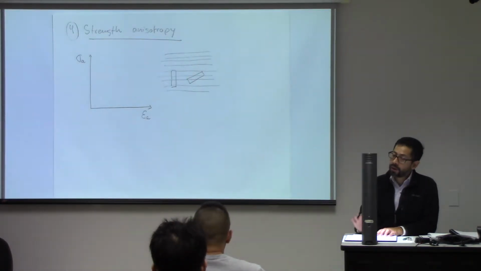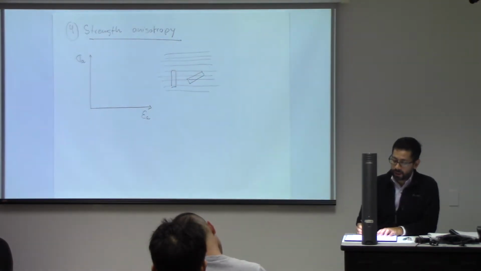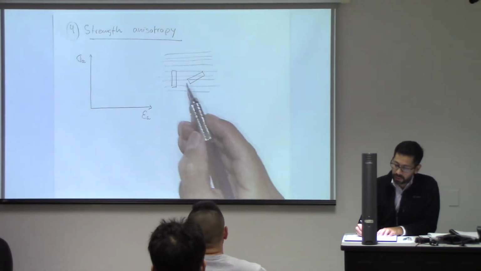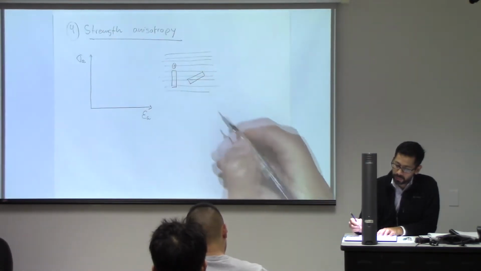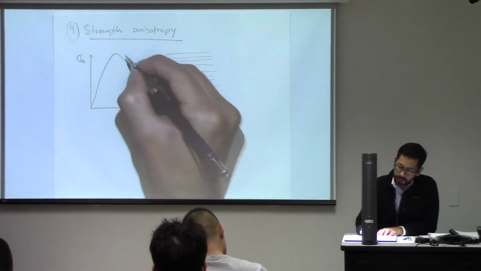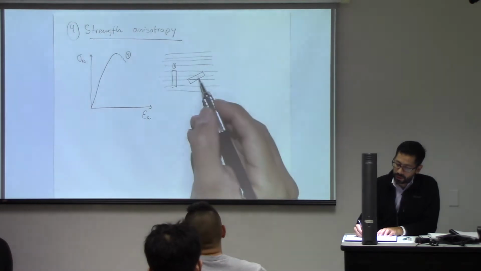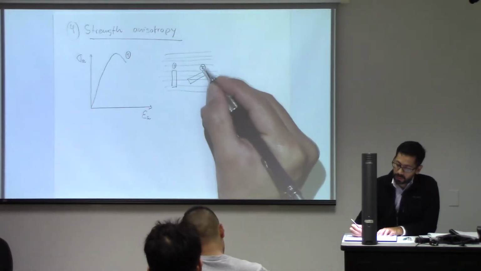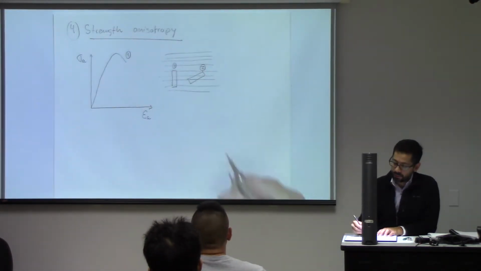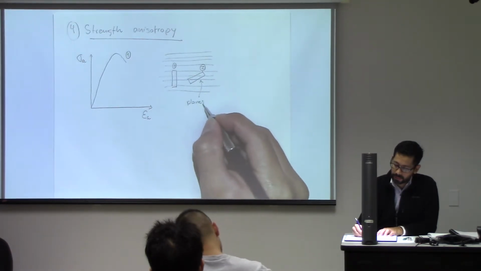Many times, not always, but many times, these planes are planes of weakness. So if I were to test, for example, rock number 1, I may get something like this. But if I were to test rock number 2, what do you think I will get if I assume that these are planes of weakness?